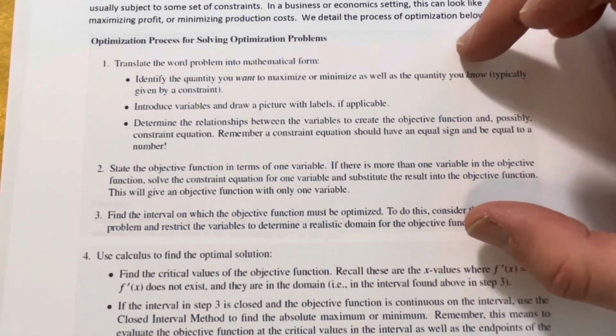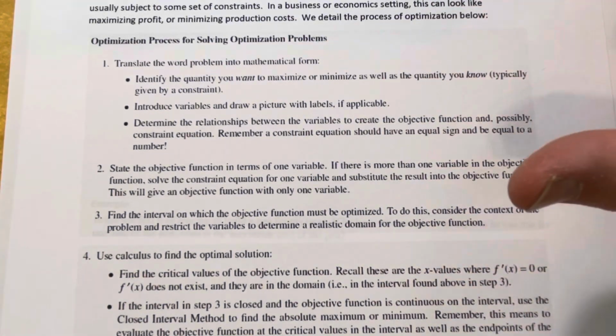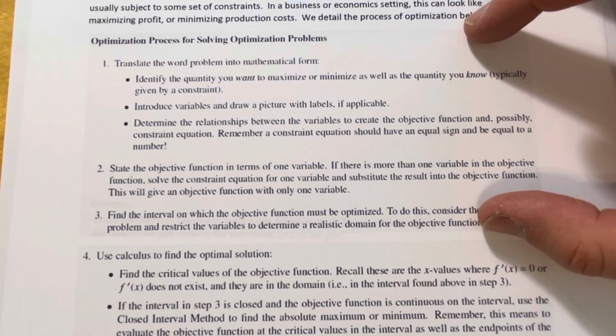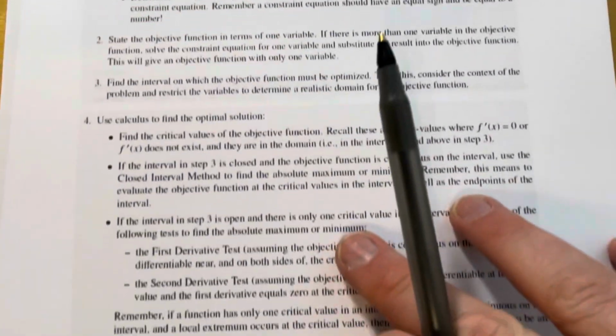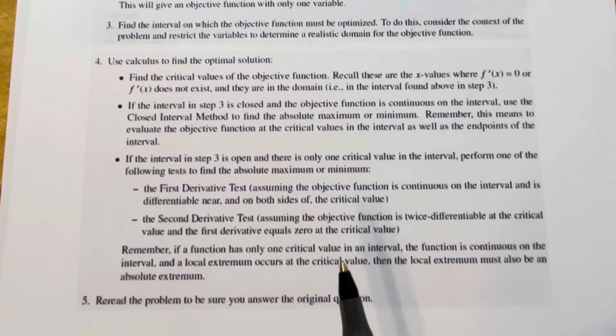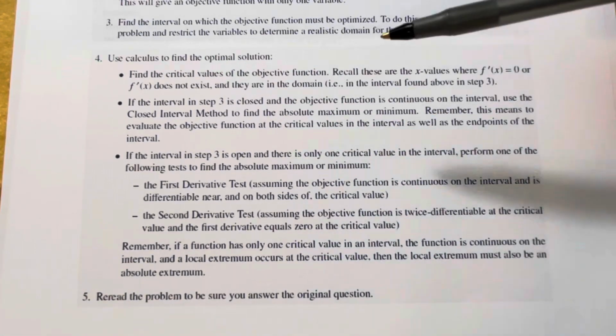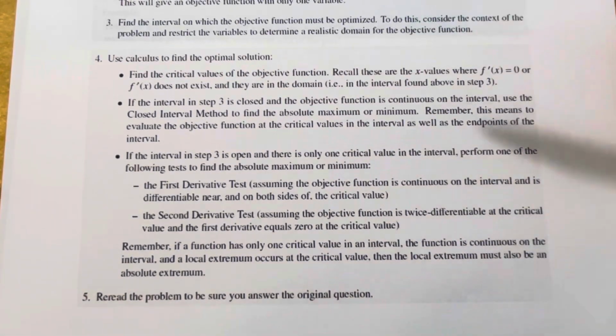So steps 1 through 3 are kind of all setup steps. We start doing the math, or more specifically the calculus, here in step 4. You'll notice it's a really big step here. We have talked through in chapter 3 about how to find relative and absolute extrema. So that's where you're going to get your maximum and your minimum values from.